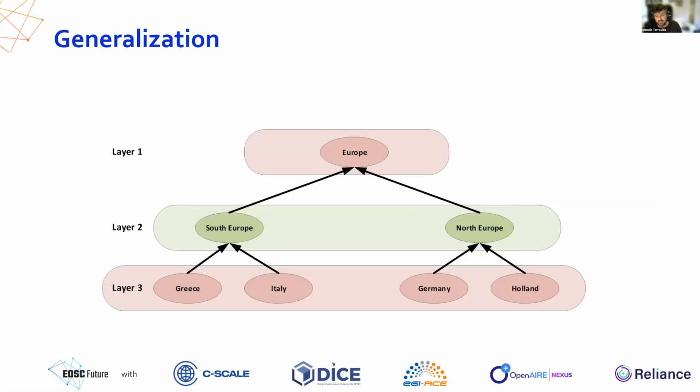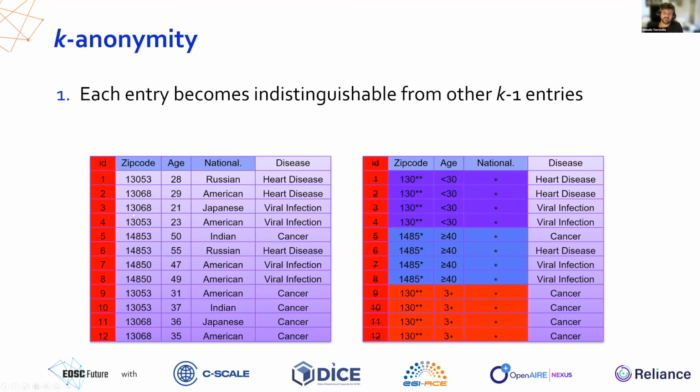Now, Amnesia and other data anonymization libraries automate the algorithm, and the most important input that's needed from a user is to provide the semantic rules that allow the replacement of the exact values with more generic values. For example, going to the previous slide, here the age of a person was transformed to an age category, and we had 3 age categories: less than 30, in their 30s, and more than 40.